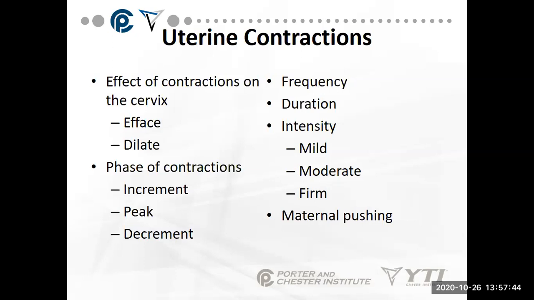This is why we gave you those numbers earlier, like the 90 seconds and so forth. Make sure you write all that down, because it's very important, since you're looking at what can cause fetal hypoxia during contractions.